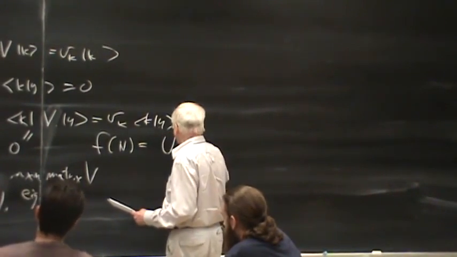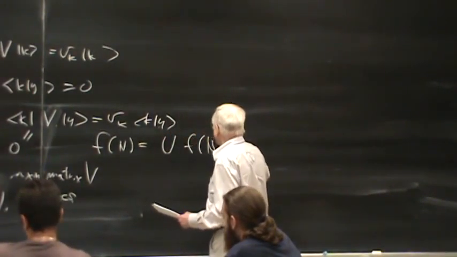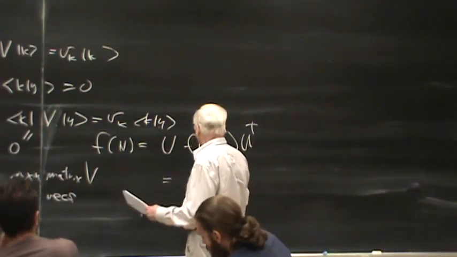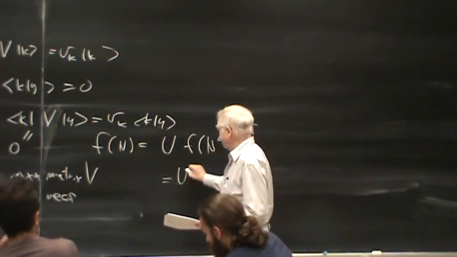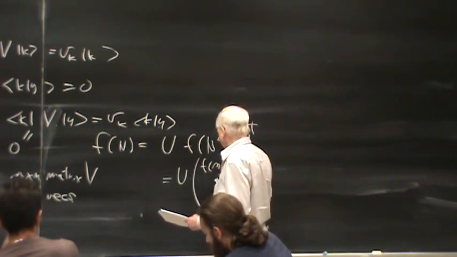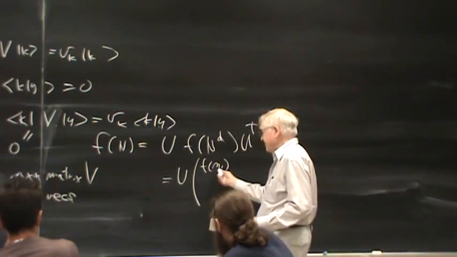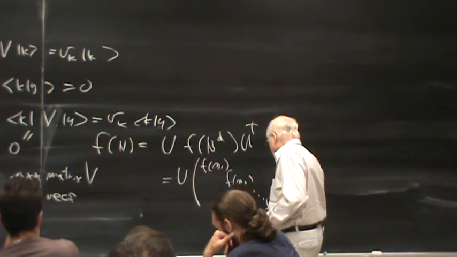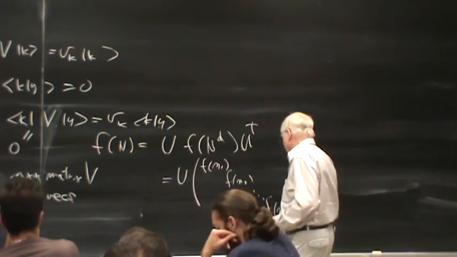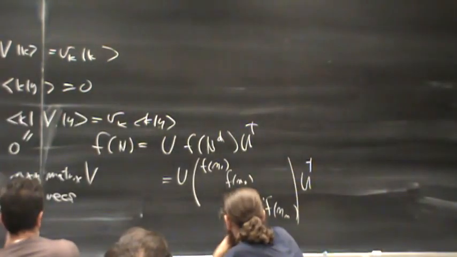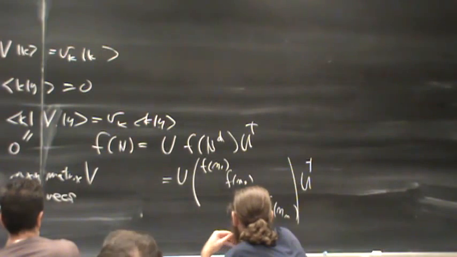You can write it as U f of V diagonal U dagger, and so this is a diagonal matrix where you have f evaluated at the first eigenvalue, f evaluated at the second eigenvalue, up to f on the nth eigenvalue. I'm sorry about using one n for a subscript and one n as a label. That was a little bit silly, but I trust you know what I meant.